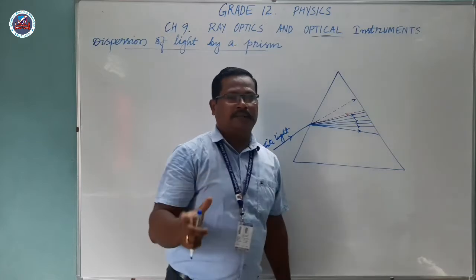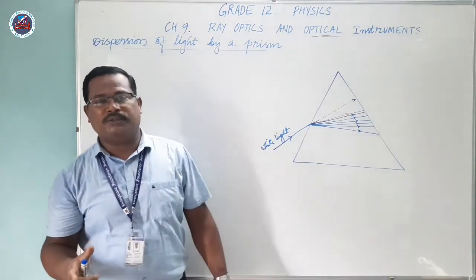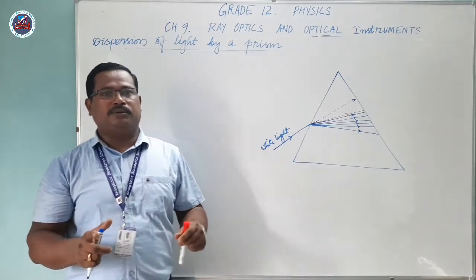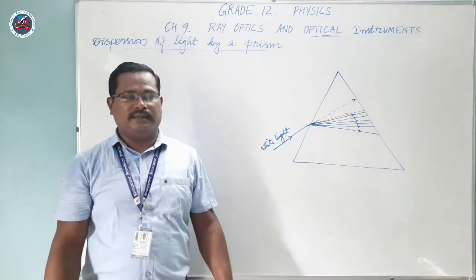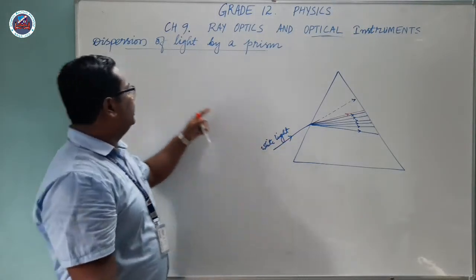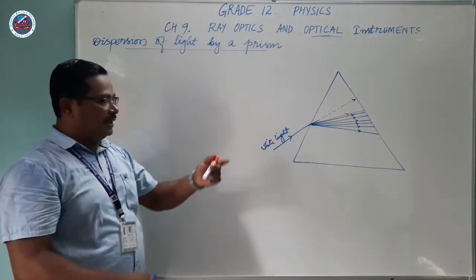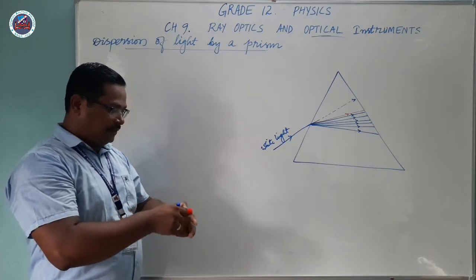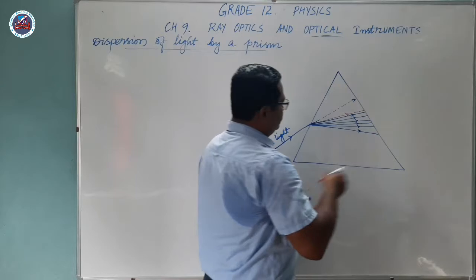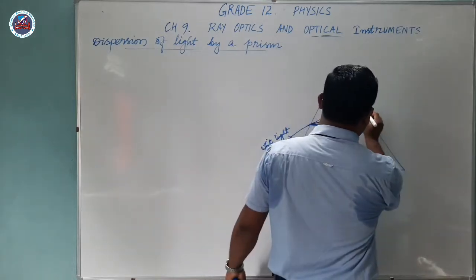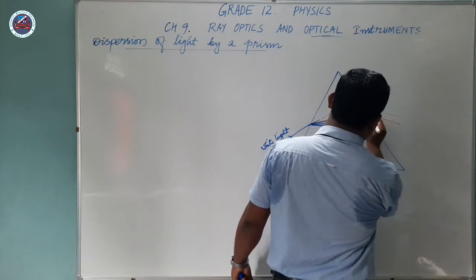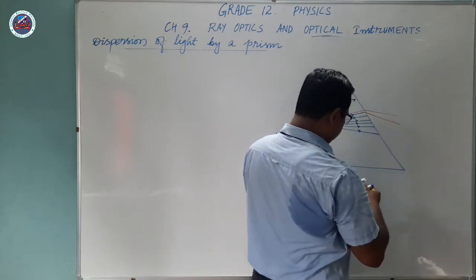So when we say dispersed, dispersion is the phenomenon due to which a white light gets split up into its 7 constituent colors. Now this phenomenon, we call it as dispersion of light, and the band of 7 colors thus formed is called spectrum.